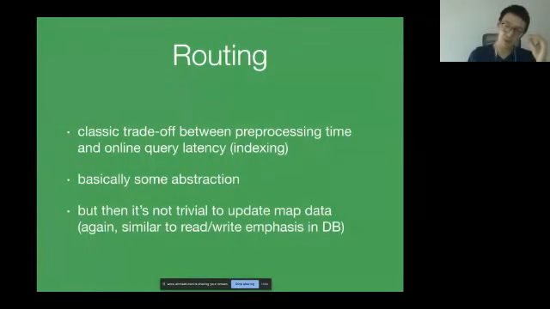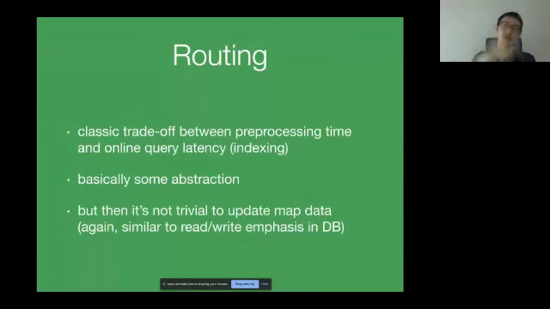If you think about the problem, it's a very classic trade-off between pre-processing time and online query latency. Think about a database: whenever you write a lot of data into it and you want to boost your query time, you build an index on it, right? Of course, you have certain overhead when you update the data.